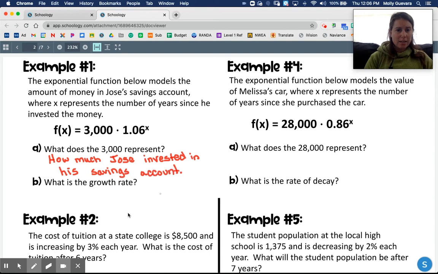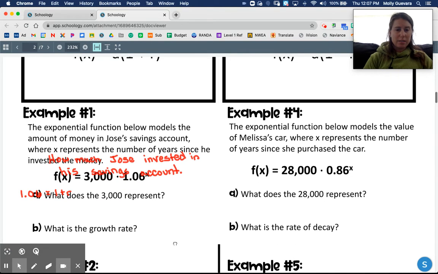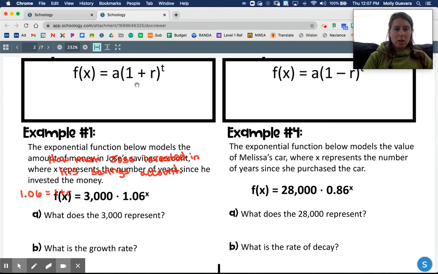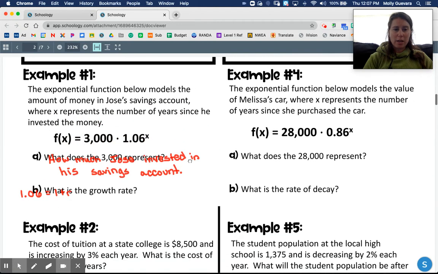Then part B says, what is the growth rate? Well, if we look at the equation, the thing that has the exponent of x is 1.06, and that equals 1 plus r, because that's what's in the equation. So 1 plus r is the base of my exponent.